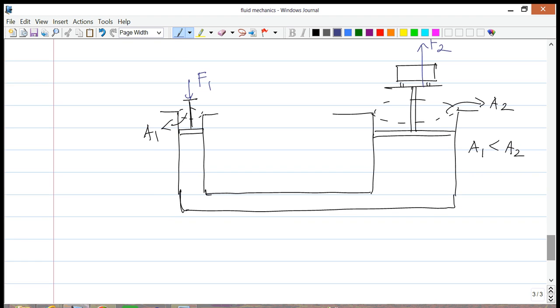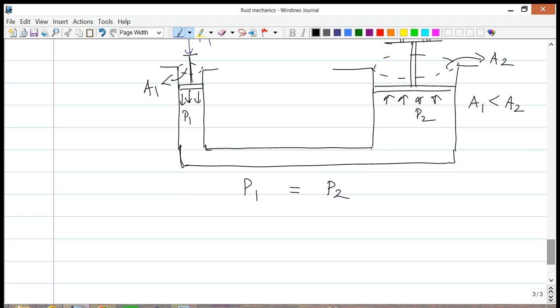But what we know is that, according to Pascal's principle, the two pressures P1 and P2 are going to be equal. The pressure on this side, which I'm going to call P1, and the pressure on this side, which I'm going to call P2, have to be equal. And if they are equal, by using the definition of pressure, which is the force divided by the area, and applying the same to the other side, these two ratios have to be equal.